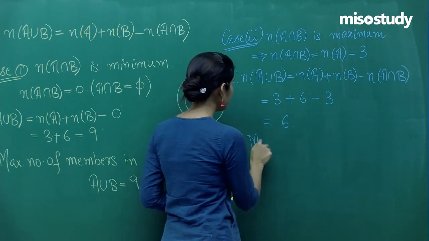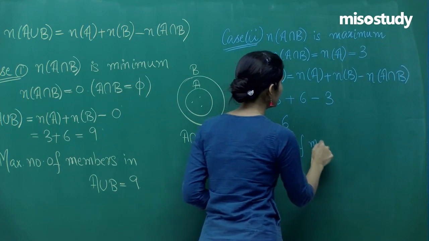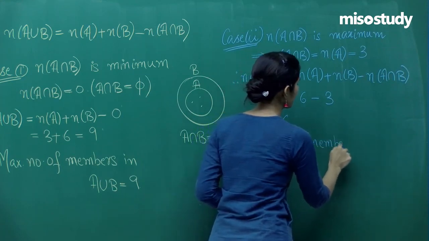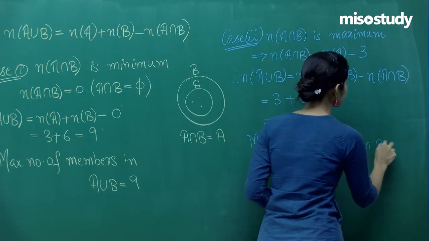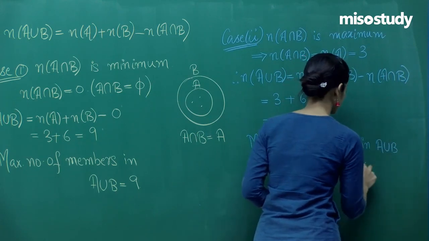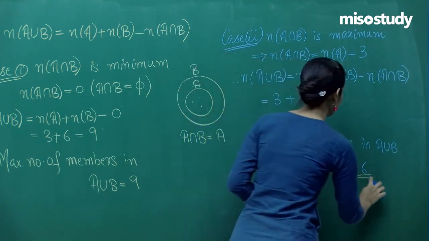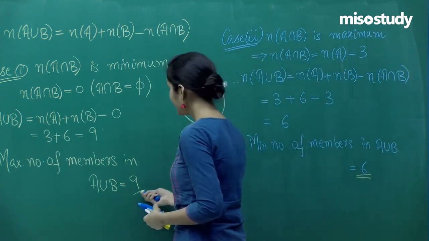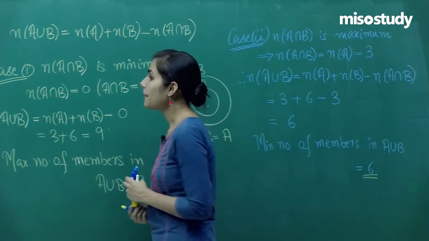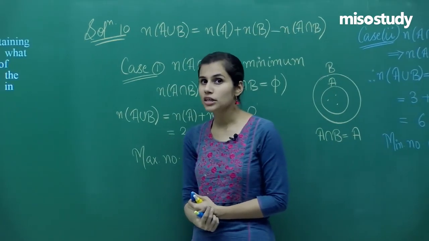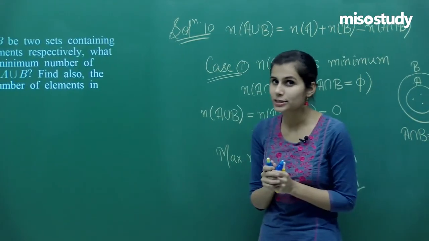Therefore, the minimum number of members in A union B is 6. 6 is the minimum number and 9 is the maximum number. 6, 9 is the tuple that I am going to search for, or maybe 9, 6, whichever suits me.